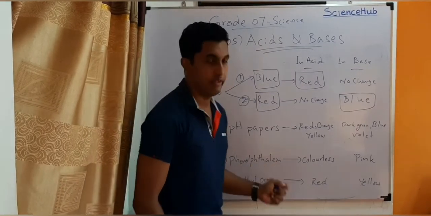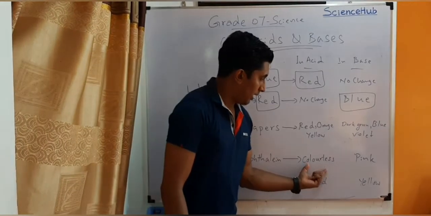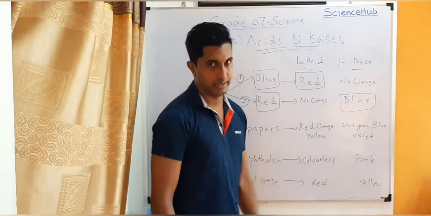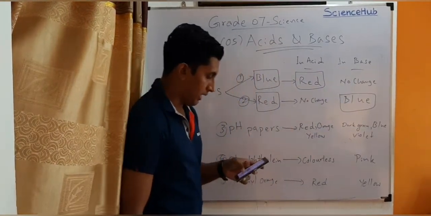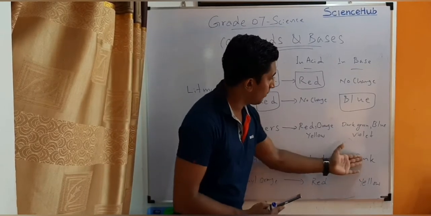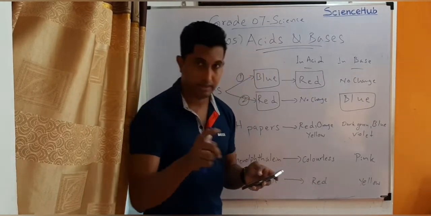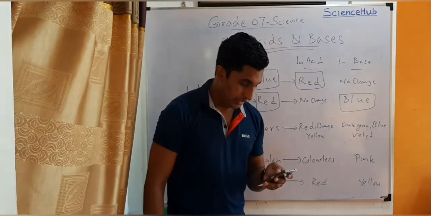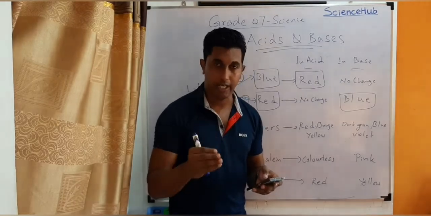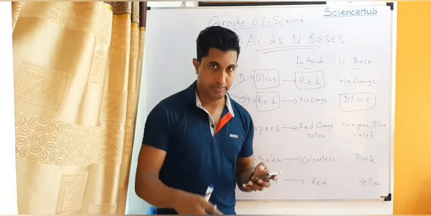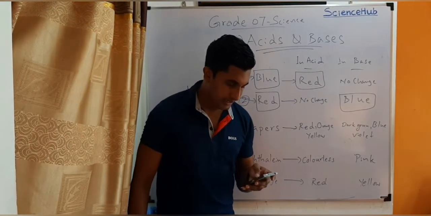The fourth one is phenolphthalein. Phenolphthalein is colorless in acidic medium, and in basic medium it shows pink color. Please check your table: phenolphthalein is a kind of white powder, and we have to mix it and dissolve it in ethanol or surgical spirit.